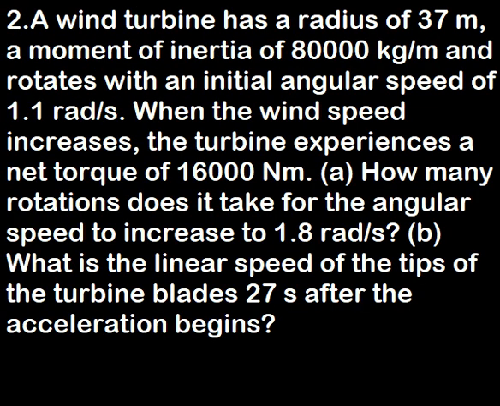So let's say this is the question. A wind turbine has a radius of 37 meters, and a moment of inertia of 80 kg meter squared.